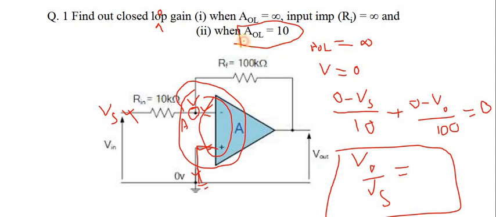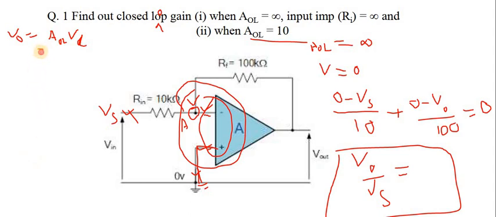Try to solve this problem, or I can give you some hint. How can you proceed? Now you know that AOL is equal to 10. We know that V out is equal to AOL into VD.